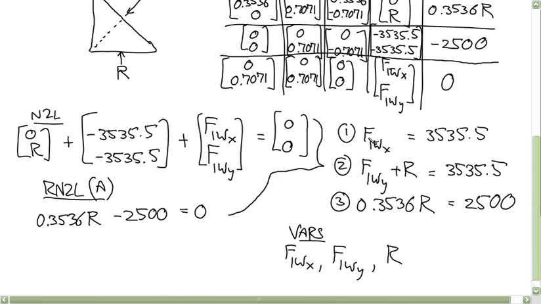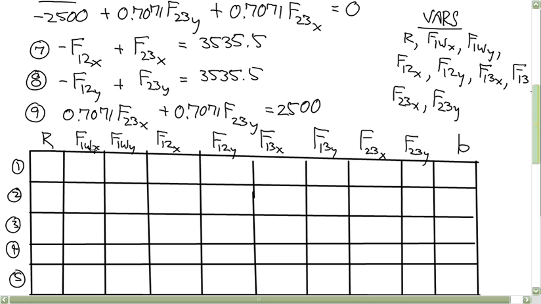So our first equation is F1WX is equal to 35.35. F1WX, just one of those, is equal to 35.35. And everything I don't fill in is zeros.